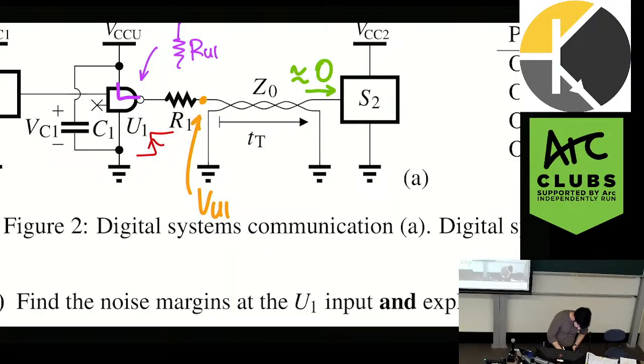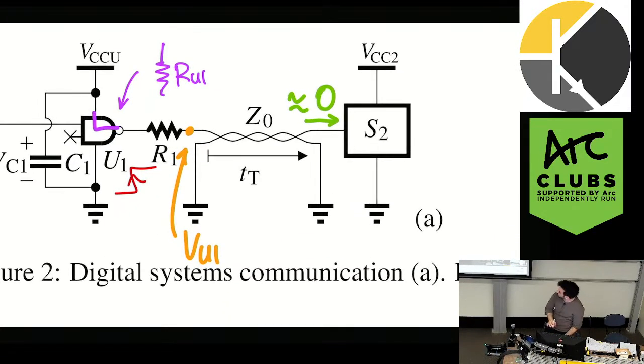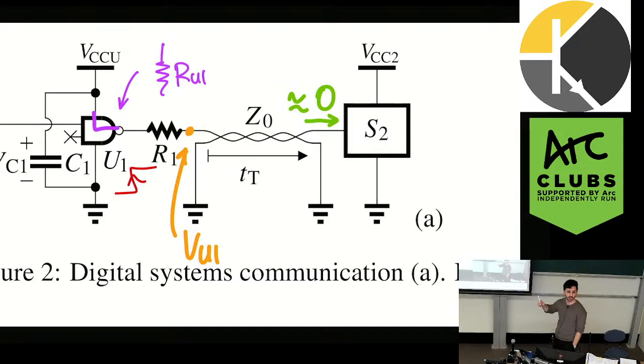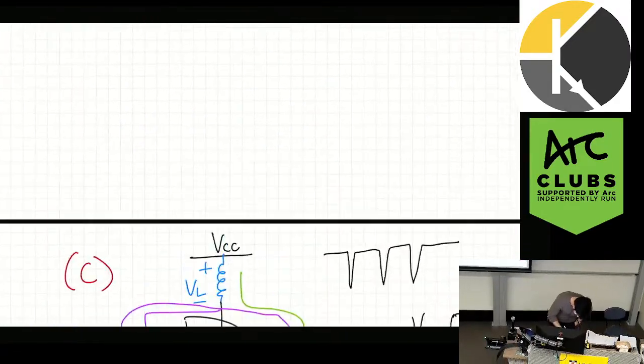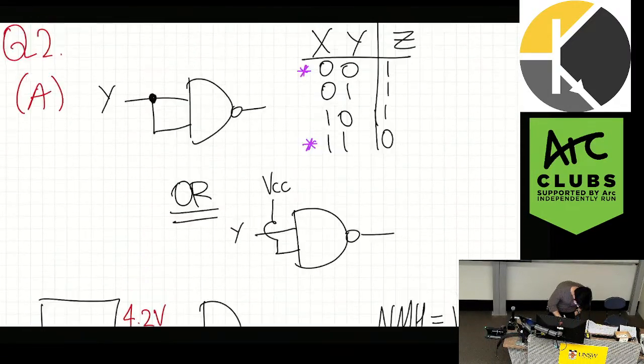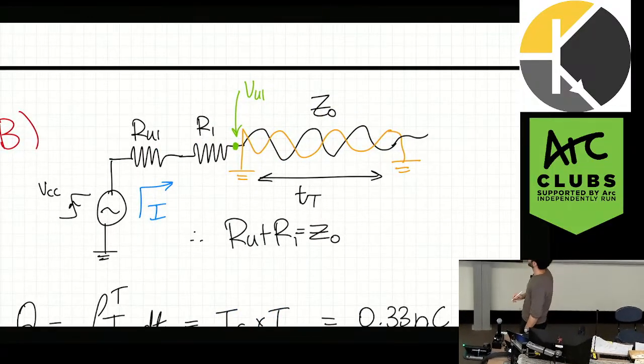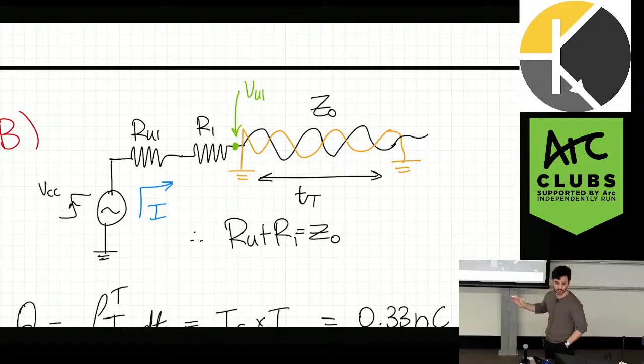Good question. Just to reiterate for everyone online, the question was, why does VU1 start at VCC over 2? Maybe we'll look at this circuit. Where did I draw it? Okay, here. It's just simple voltage division. This is in the absence of any propagation.